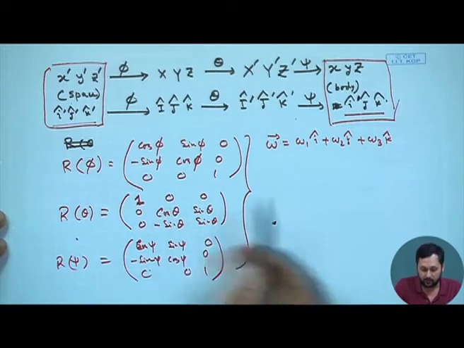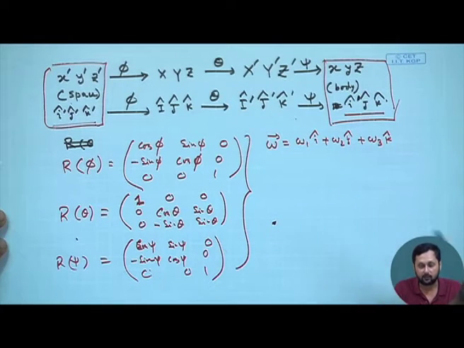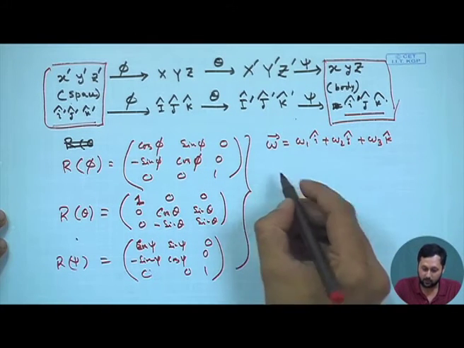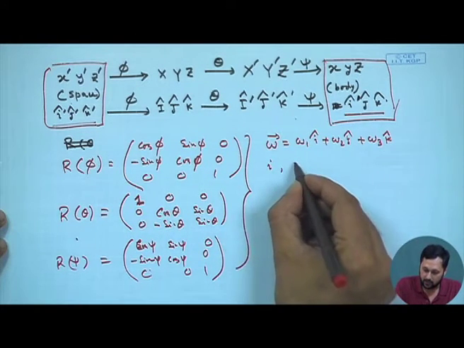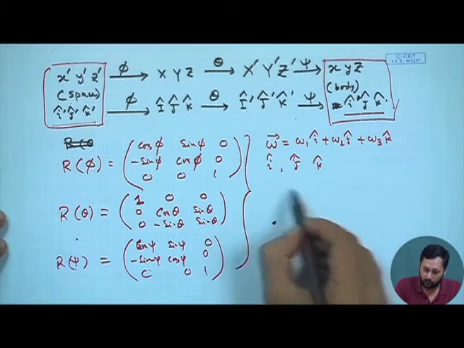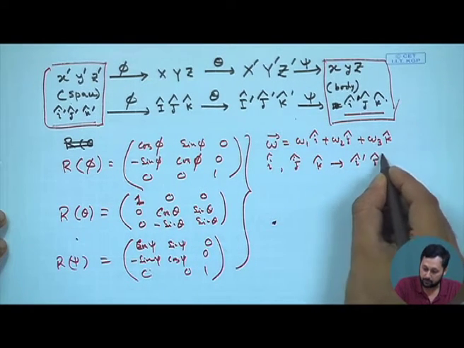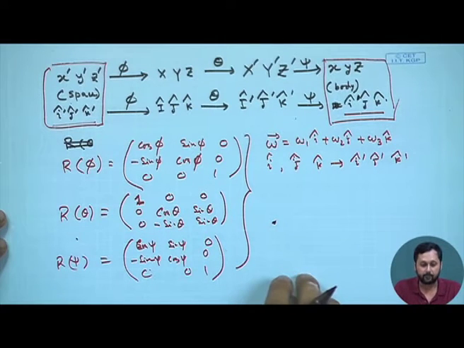Now, using these rotation matrices systematically, we can write out i, j and k, these three unit vectors, in terms of i prime, j prime and k prime.